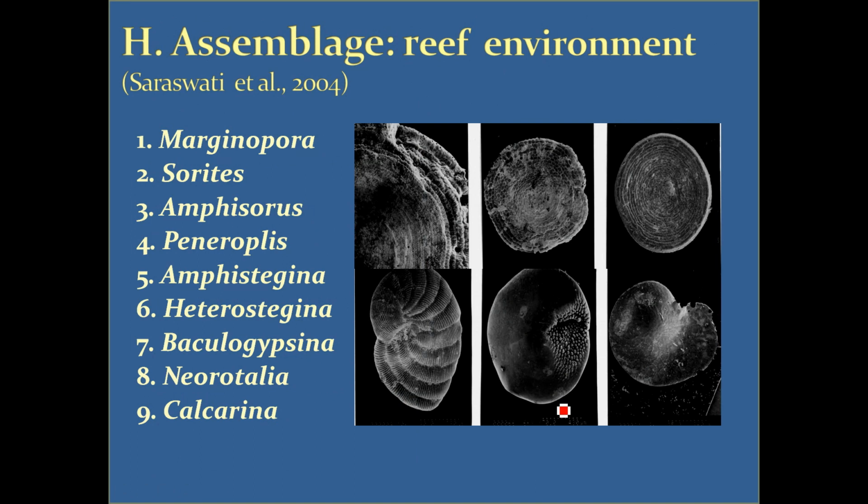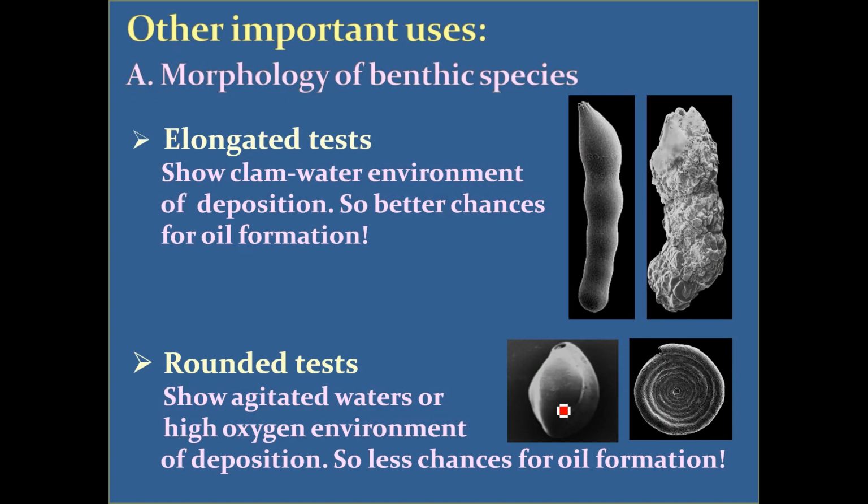Similarly, if foraminifera are from reef environment, there is a characteristic assemblage which is shown over here. Other important uses of foraminifera may be seen. One is morphology of benthic species. We can divide them into two groups: elongated test and rounded test.